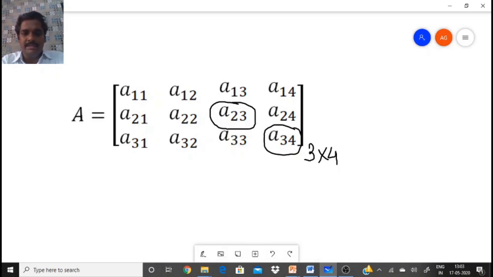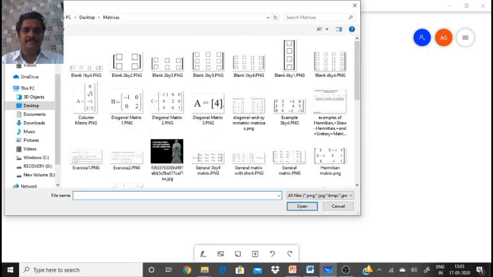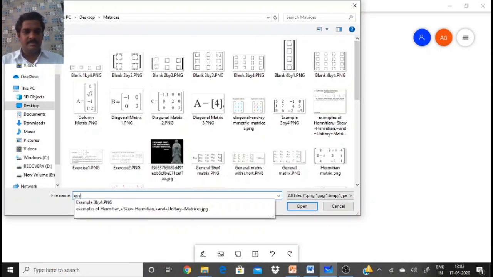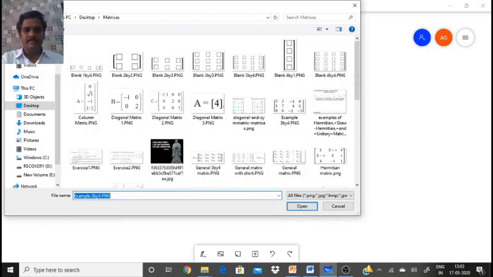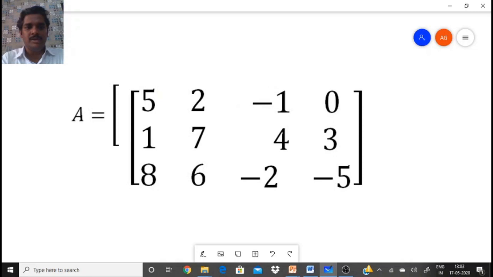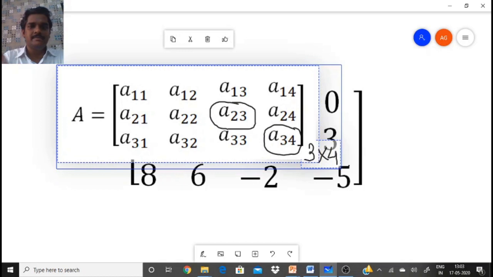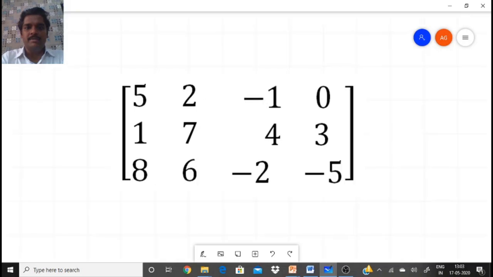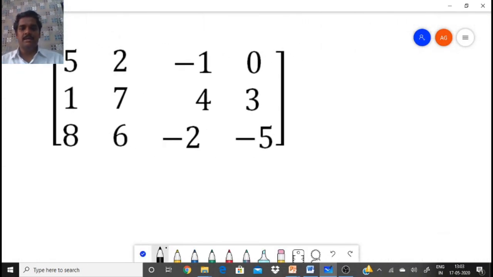Let's bring one particular example. Okay, so I have this one example, and we will talk about, first of all, what is the order of the matrix, what is the number of rows, what is the number of columns, and after that the different elements present in this. So first of all, how many rows are there?